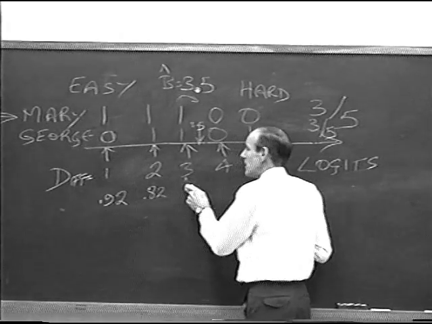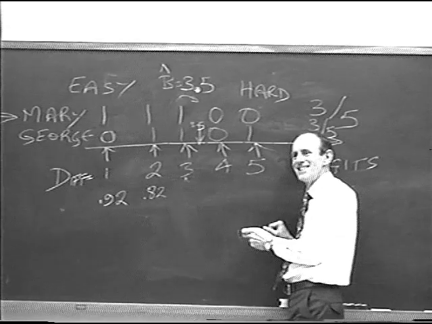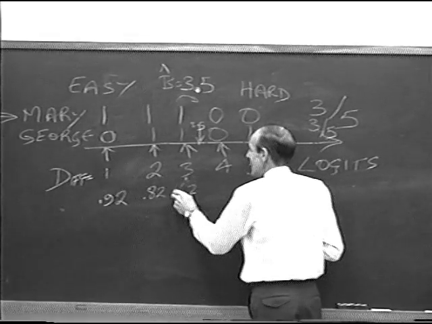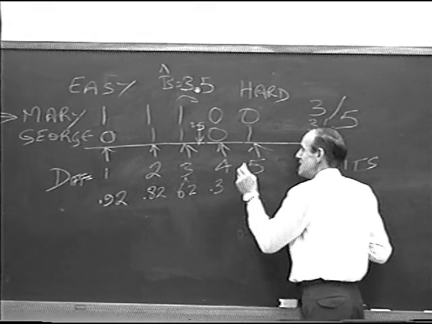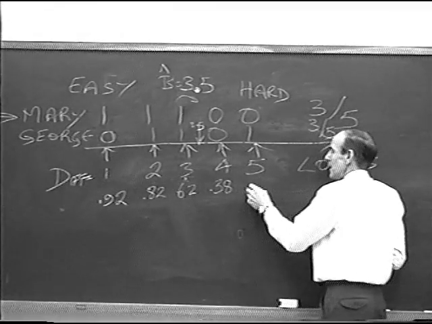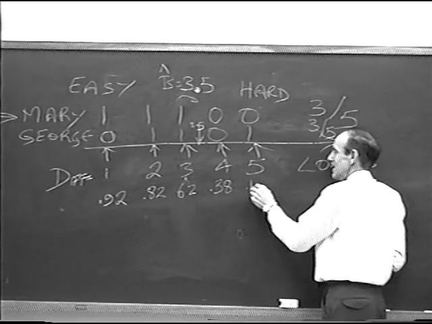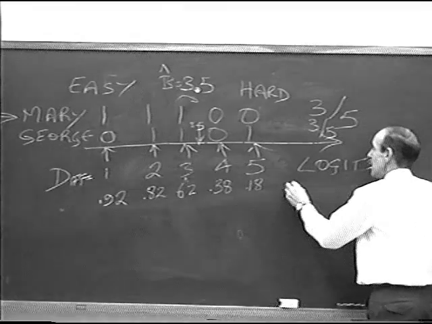Got it? 0.92, 0.82. Now we're half a logit above it. Now we're half a logit below. That'd be 0.38. And now we're 1.5 logits below. That'd be around 0.18. Is that right?